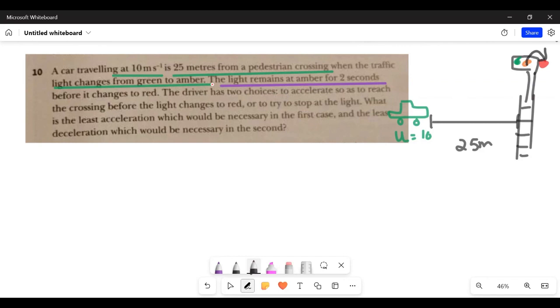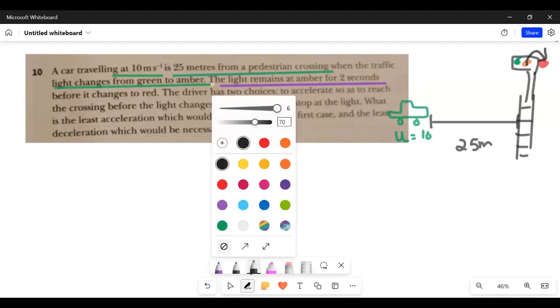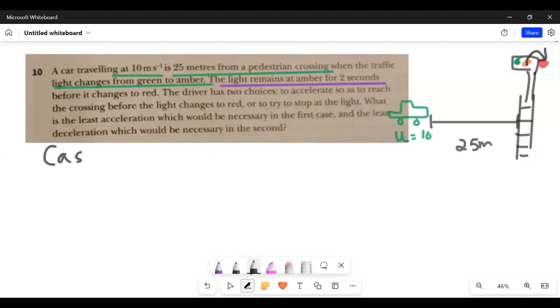What is the least acceleration which would be necessary in the first case? The first case is that he wants to cross this distance of 25 meters within those 2 seconds, so that he crosses this spot and does not have to stop. So what information do we have for case 1?